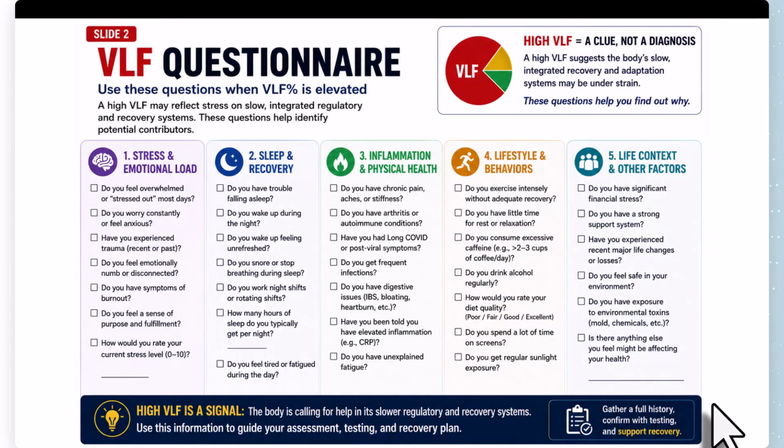We added something else. This is brand new because we know that VLF is pretty broad, right? It has a lot of information in that red pie that could represent a lot of different things, from high emotional load to inflammation, metabolic issues, and a lot more.